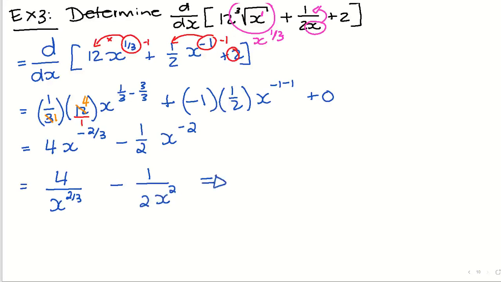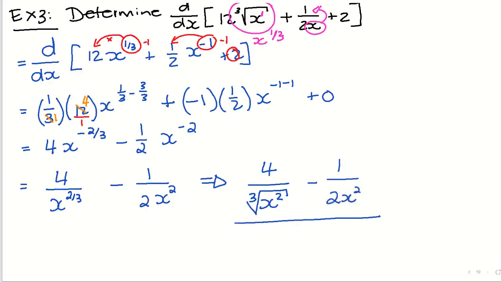Instead of leaving it as a rational exponent, I can change it to a root. So we end up having 4 over the cube root, because that's the cube part, of x squared, minus, that's not right, I need to write a 1 there, 1 over 2x squared.